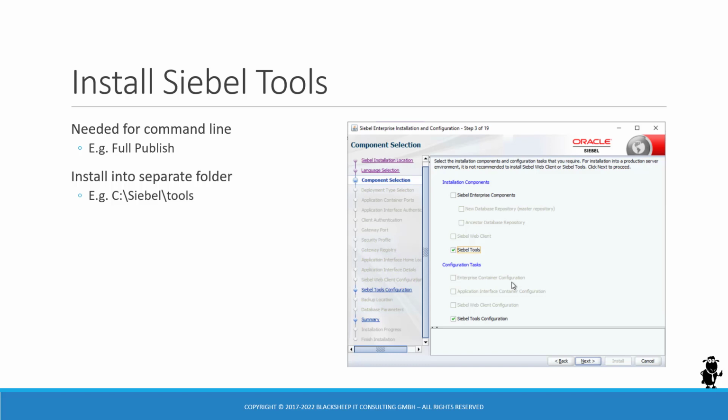And it's really clever to install it in a separate folder and not alongside the Siebel Enterprise components. That is simply because the folder structure will become very weird, to say the least, if you install Siebel Tools or also the Siebel web client, the developer web client in that case, in the same folder structure as the Siebel Enterprise components. So keep it separate, run the installer several times.